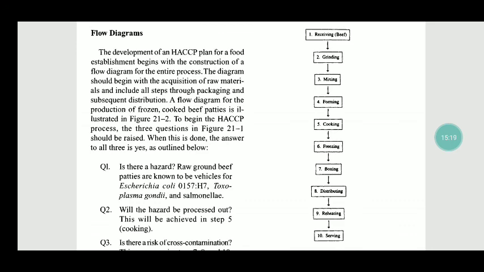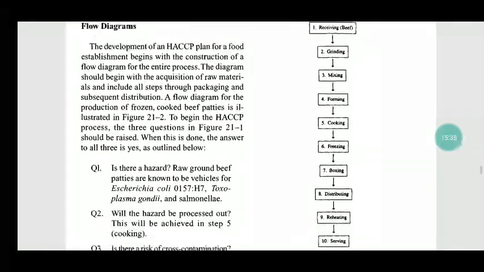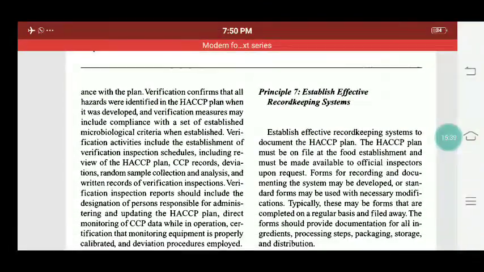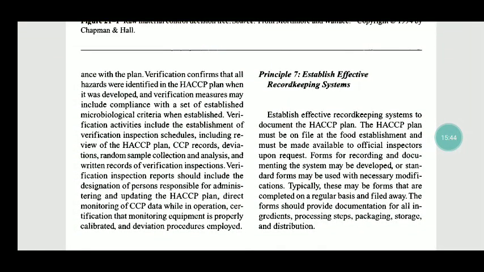How does any other person know that we are following all the rules and regulations or the checking process? The person goes through the record keeping system. So the last principle is very important to know whether the HACCP plan is correctly operated or not.